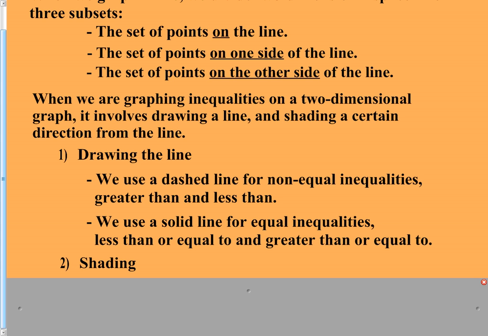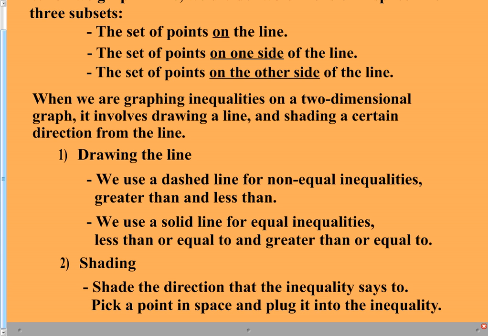Now the shading becomes the real catch for some of us. We will shade the direction that the inequality says to shade. Different teachers offer different strategies for shading on inequalities. My particular preference is to pick a point in space and plug it into the inequality.